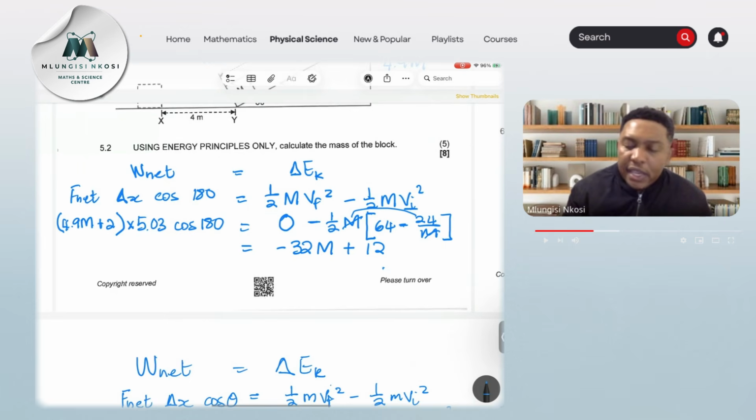Right, so when you take it to the other side, I've got 32m minus 24.647 m, which is equal to 12 plus 10.06.